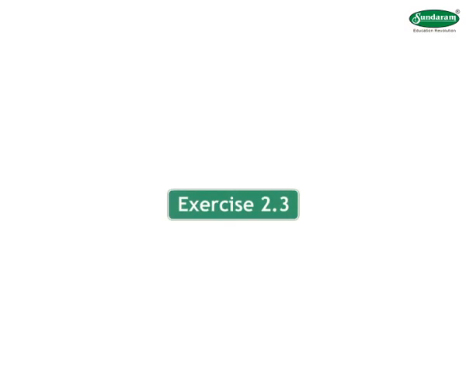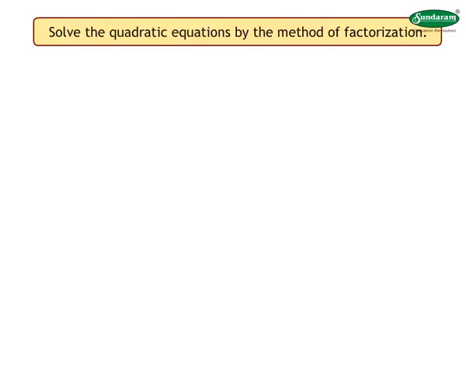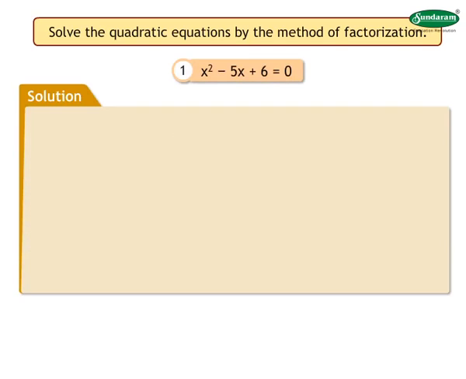Let us solve exercise 2.3. Solve the quadratic equations by the method of factorization. Number 1. X square minus 5x plus 6 is equal to 0. Solution. X square minus 3x minus 2x plus 6 is equal to 0.